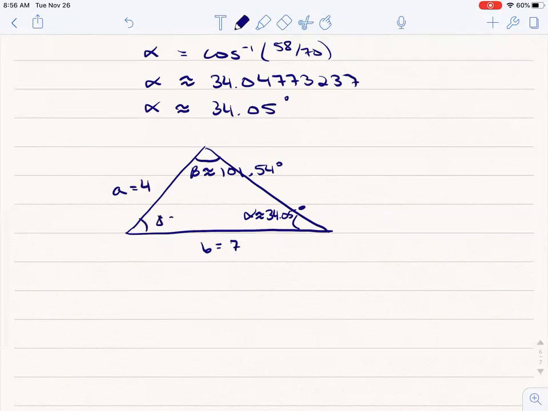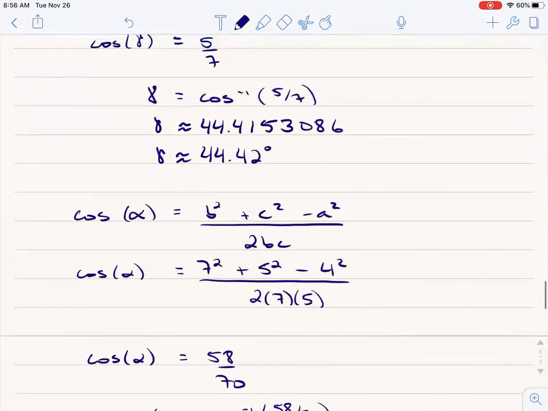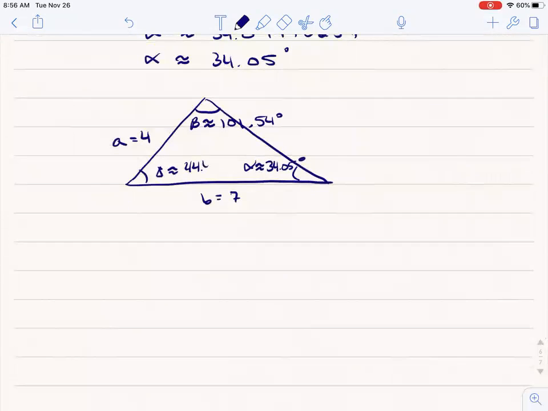And then gamma is roughly 44.42 degrees, so C, which we were given, is 5. Because the lengths of A and C are very similar, 4 and 5, we expect those angles to also be very similar.